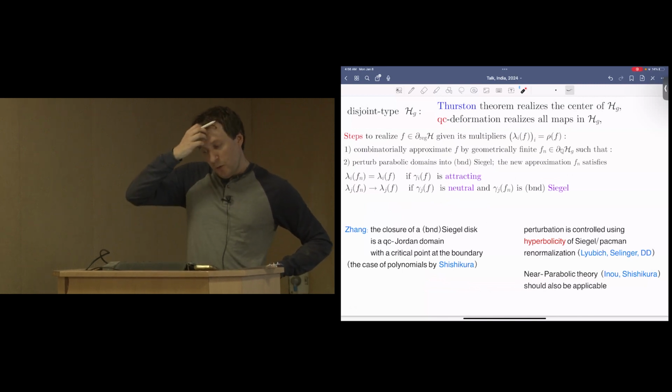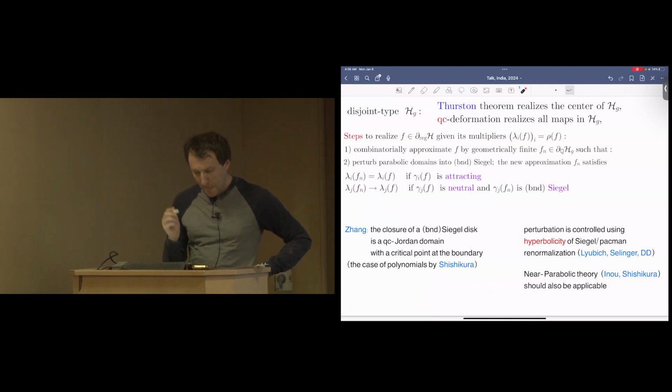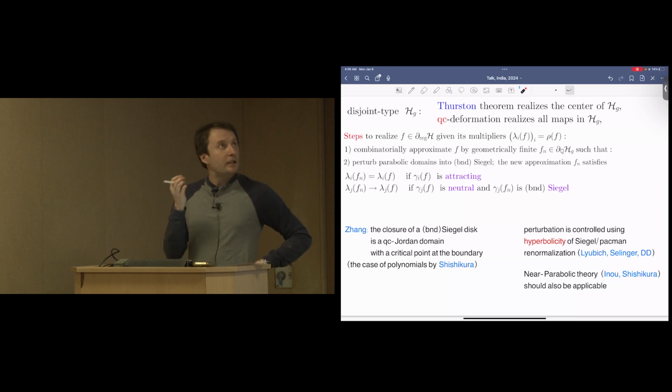Then we want to perturb parabolics into bounded-type Siegel disks. We can first do it formally, just by saying that each parabolic multiplier can be slightly perturbed.